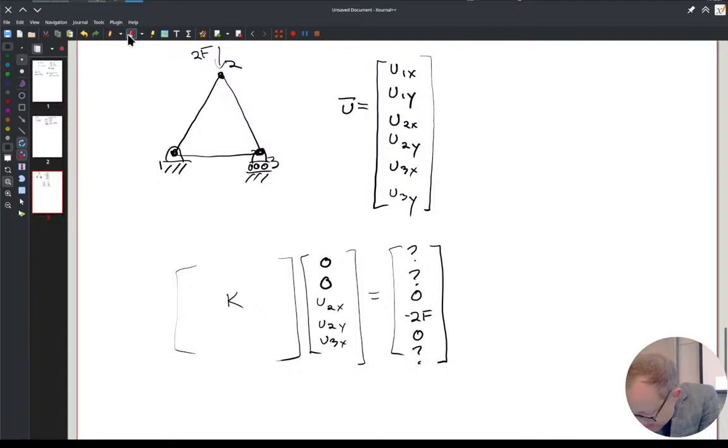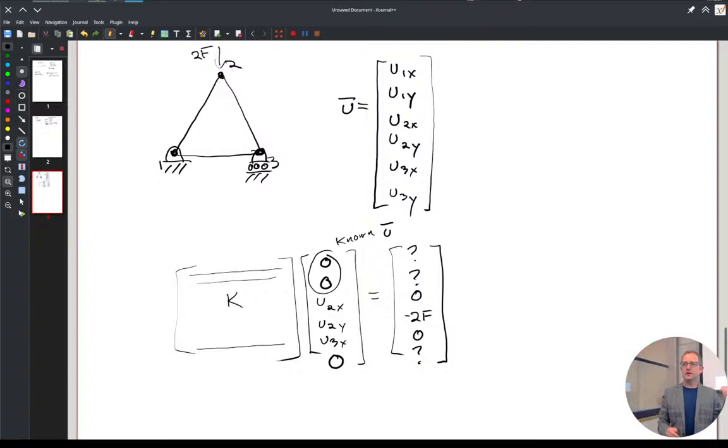And this last one is also 0. So all these k values, everything in these first 2 rows, I don't care what they are. And then same thing for this last row, because I'm going to use these known displacements afterwards to figure out what the reaction forces are.